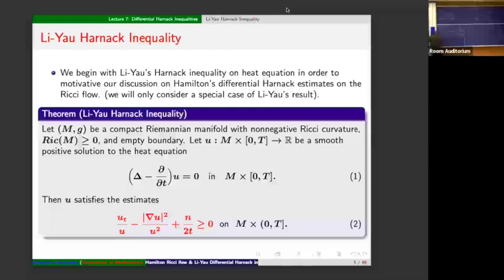If f over t is defined as this, it just implies that f is less or equal to n over 2. And by that, we reduce the Li-Yau theorem to proving that f is less or equal to n over 2.